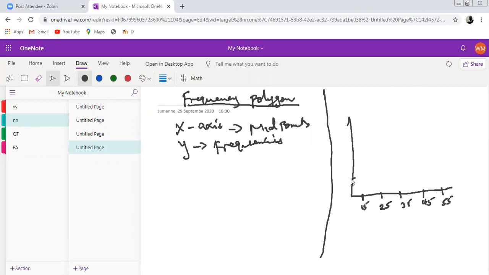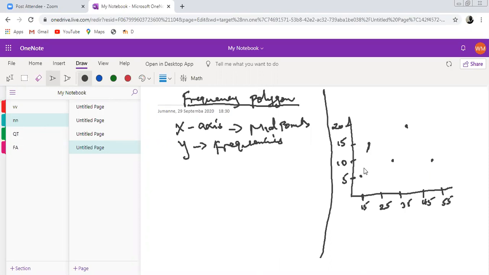And then here we have our frequencies, which was 5, 10, 15, and maybe 20. You just mark 5, and maybe it was up to 5, you mark it. 25 and 15, you mark it. 35 and 10, you mark it. 45 and I think it was 20, you mark it, and maybe that one was 10, you mark it.